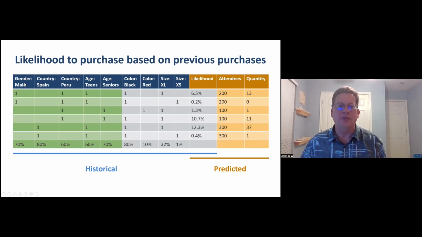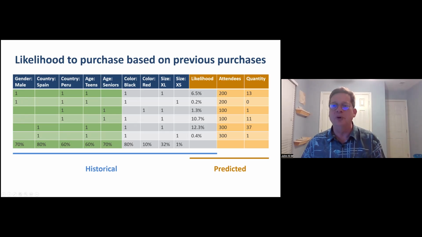Then we can take the individual data, aggregate it across all of the groups over all of the receipts, and we can get those numbers saying, okay, 70% of the males purchased a shirt, 80% of the people from Spain, etc. And we can use that information to build predictive models.